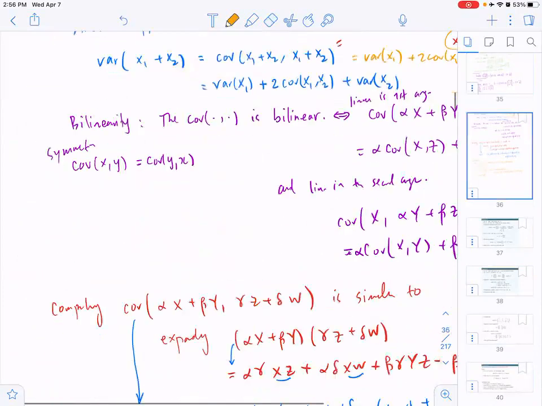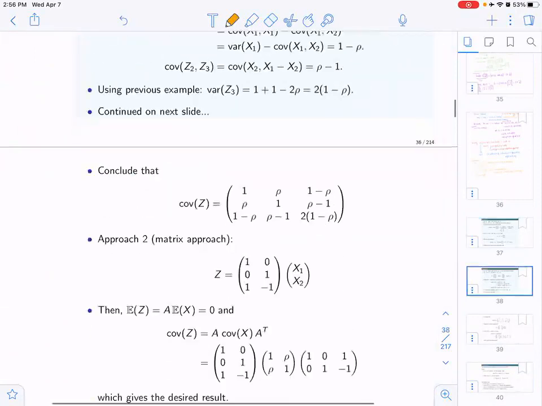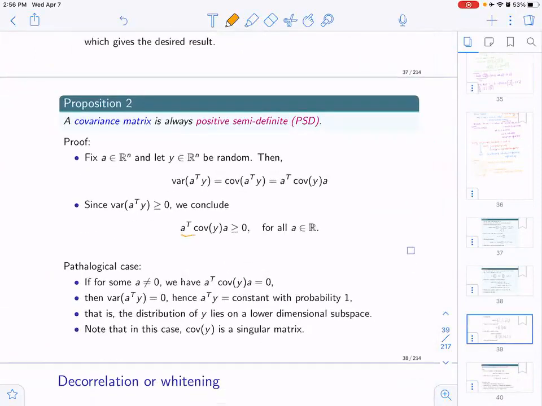So in order to show that this is non-negative, we can show that this is equal to the variance of a transpose X, and this is always non-negative. Why is it always non-negative? It's a 1-by-1 matrix, but why is it non-negative?